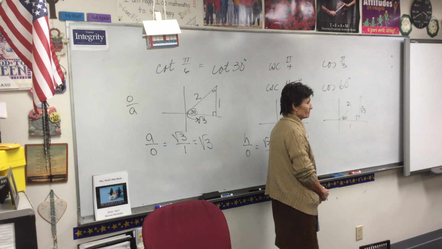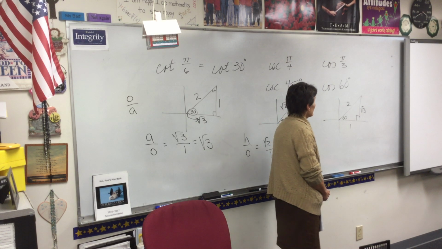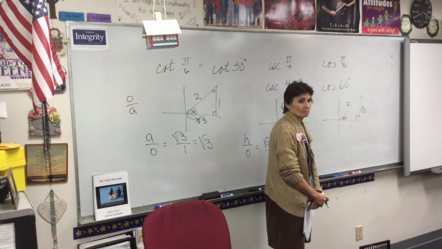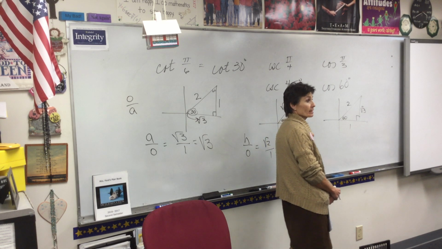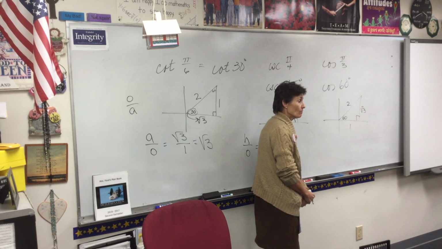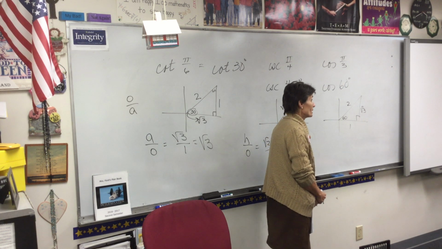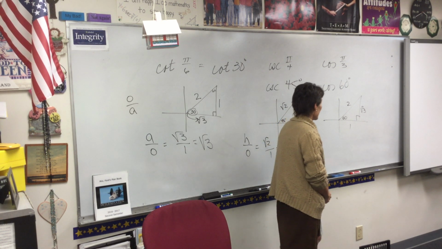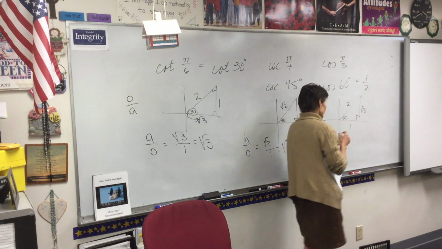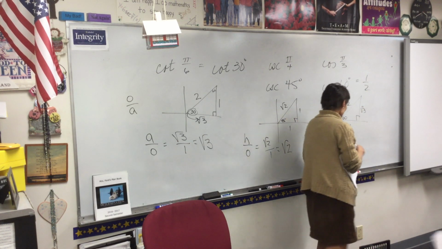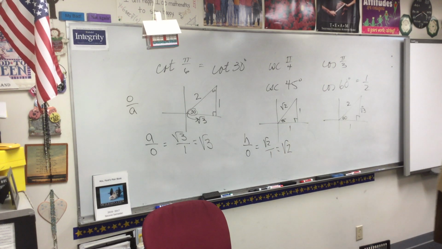So what's the cosine? Adjacent over hypotenuse. So in this picture, that would be 1 over 2. Bingo. Perfectly done.